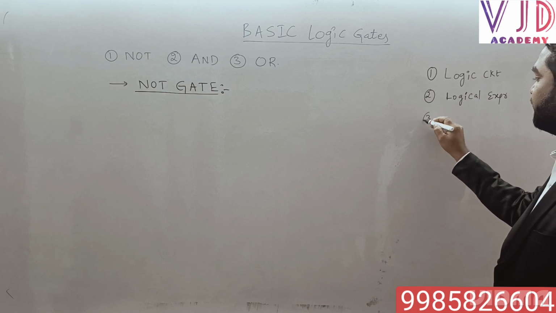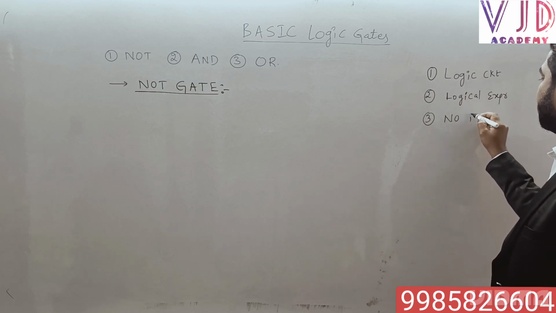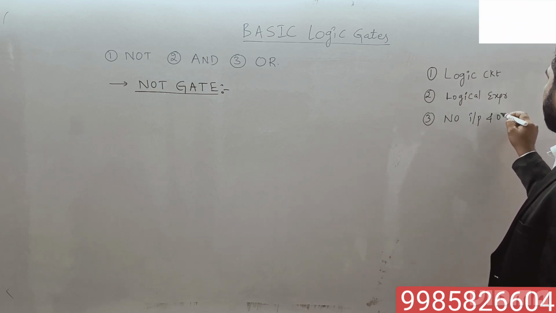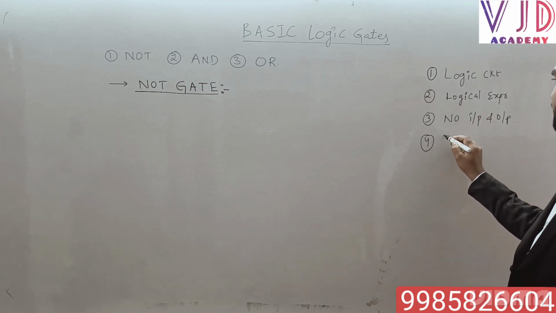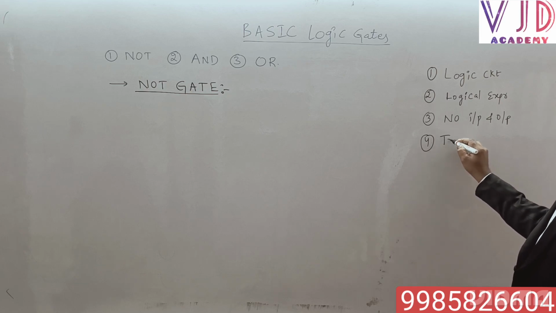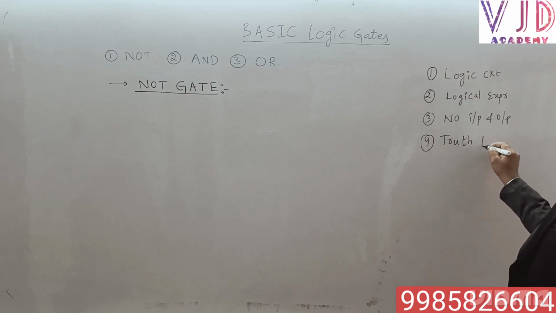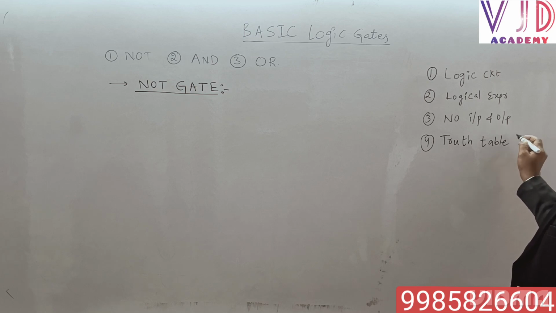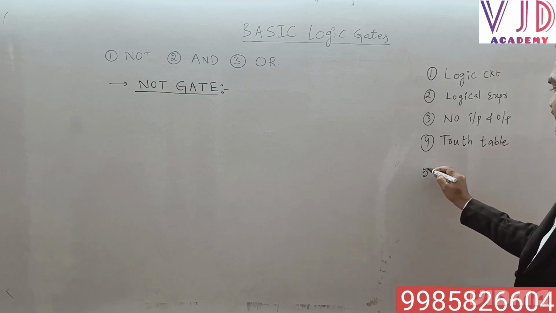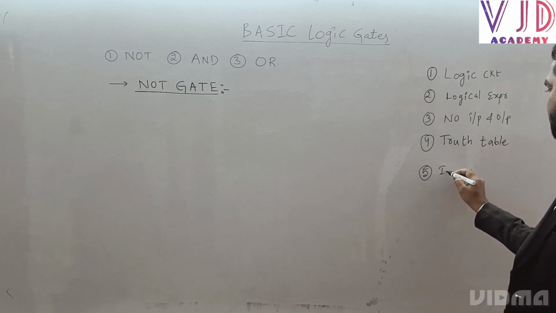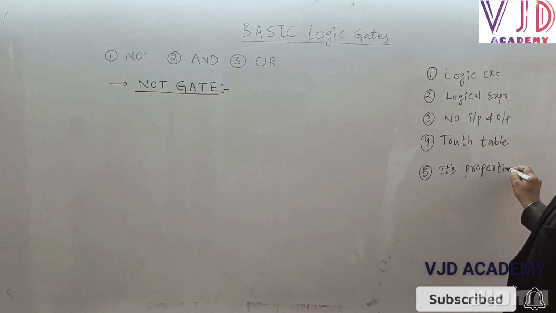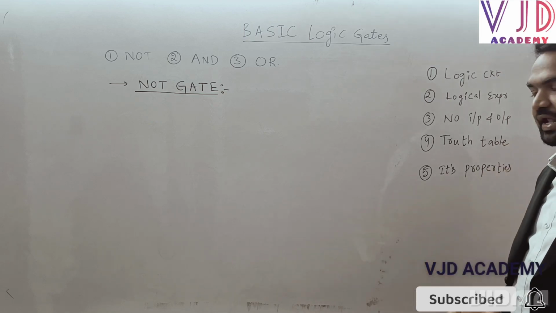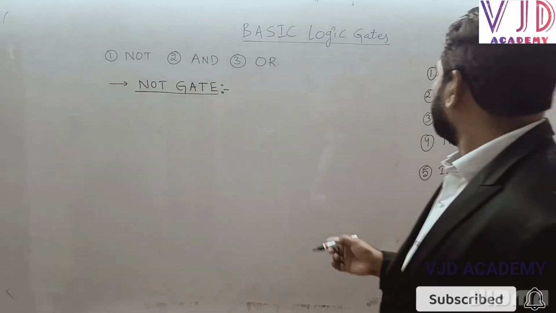Third, how many number of inputs and outputs. Fourth one is truth table, and then fifth one is its properties, or we can say characteristics. Let us try to understand all these things.